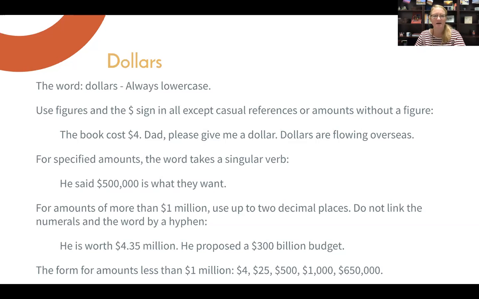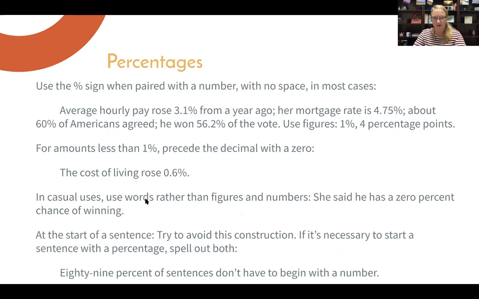All right, so percentages, and this is a change from the last 2 years or so. When you are using percentages, you use the sign when paired with a number, with no space in between it, in most cases. Examples of that: average hourly pay rose 3.1% from a year ago. Her mortgage rate is 4.75%.